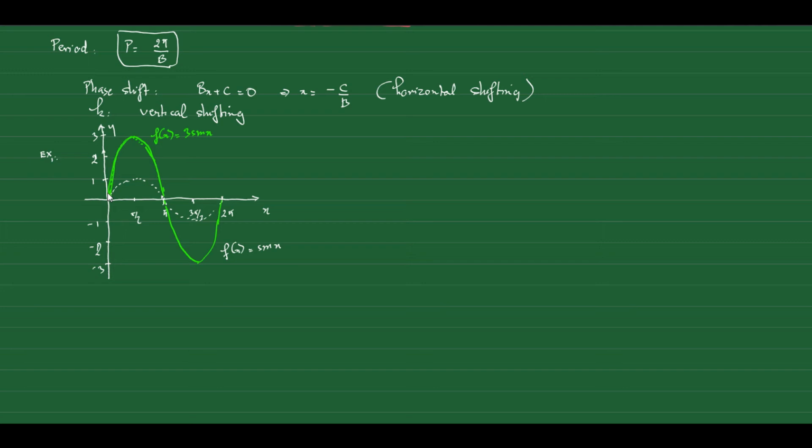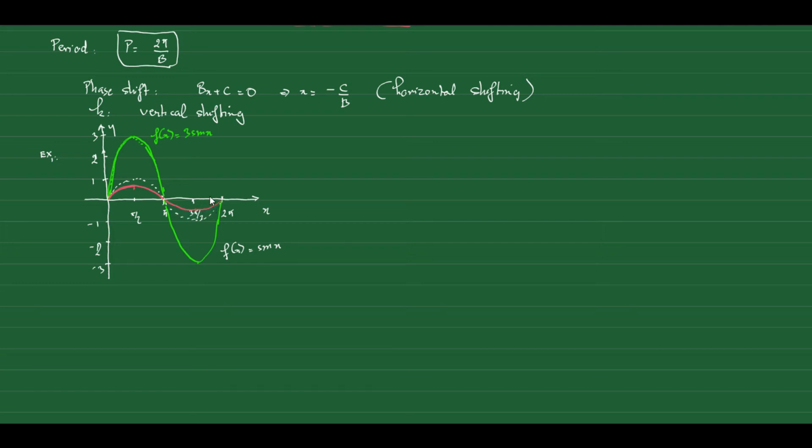And let me do another sketch when a is less than 1. How about a is 1 over 2? A is 1 over 2, so 1 over 2 will be over here, and 1 over 2 will be here.